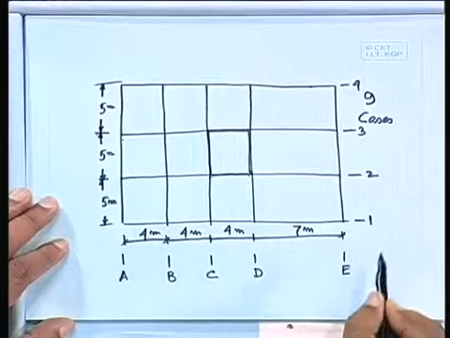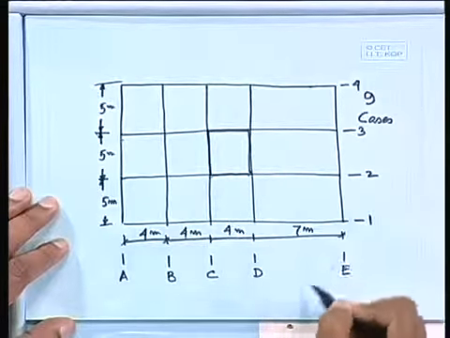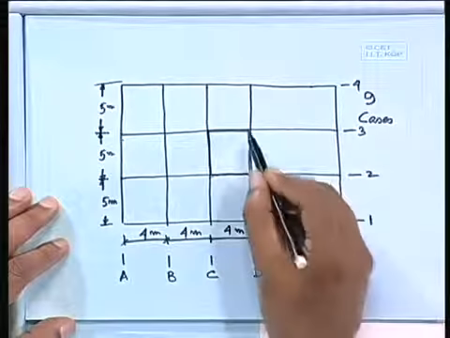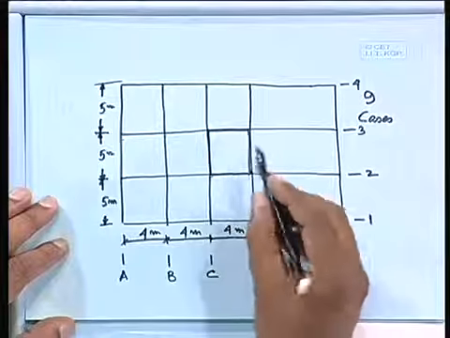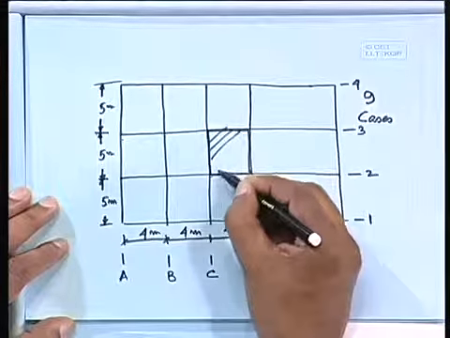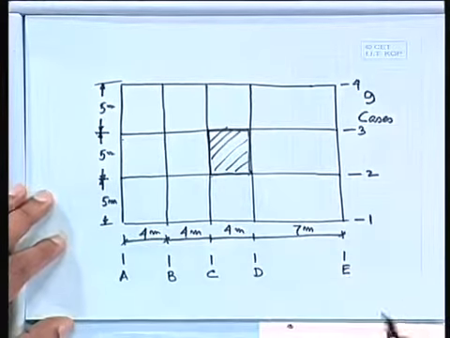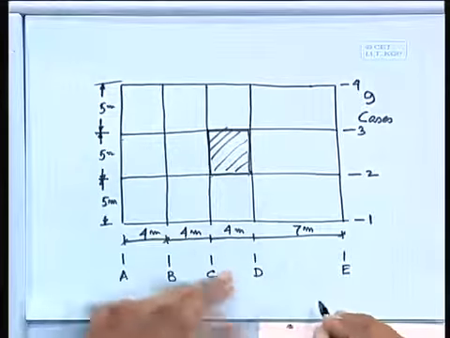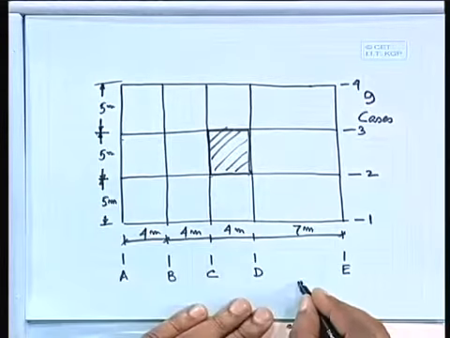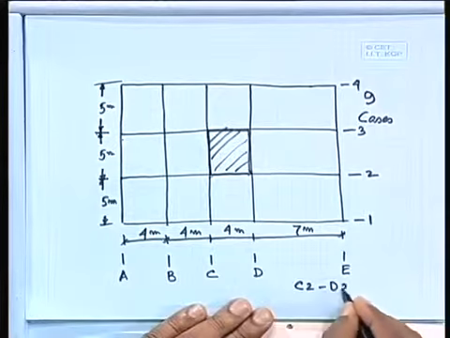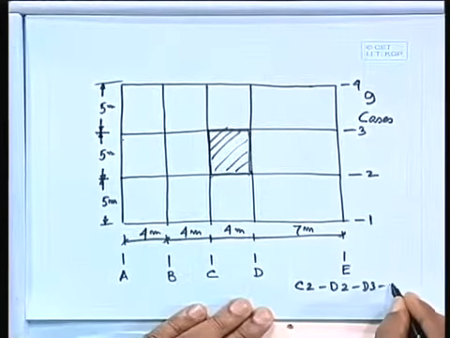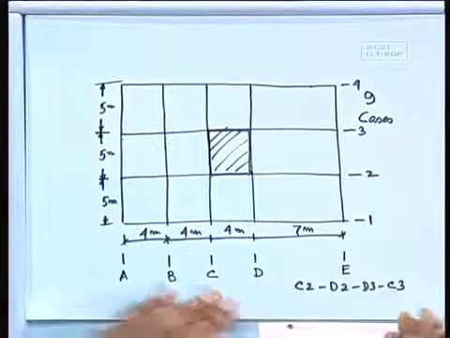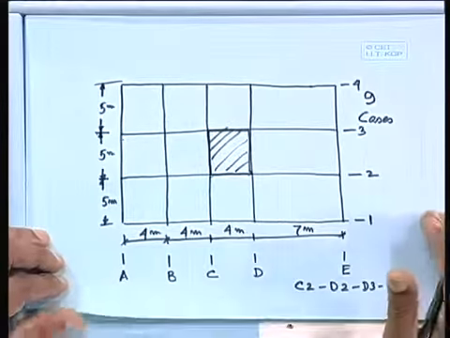This panel is C2, D2, D3, C3. This panel I am talking about, we can refer to as C2, D2, D3 and C3.